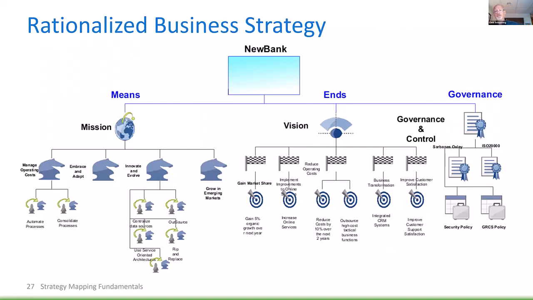So here we have an example of a business strategy for a bank using BMM and using some contrived symbols for them. But you can see we've got stuff about the means on the left. So we got the mission, which is that globe icon. The mission is supported by four strategies.